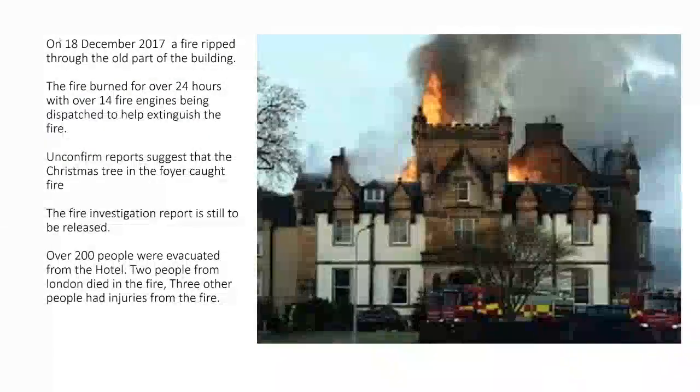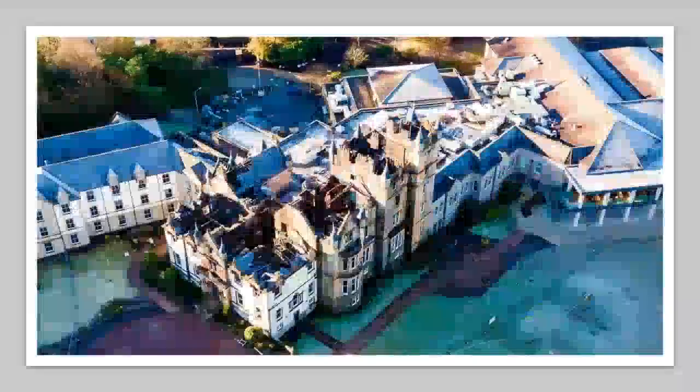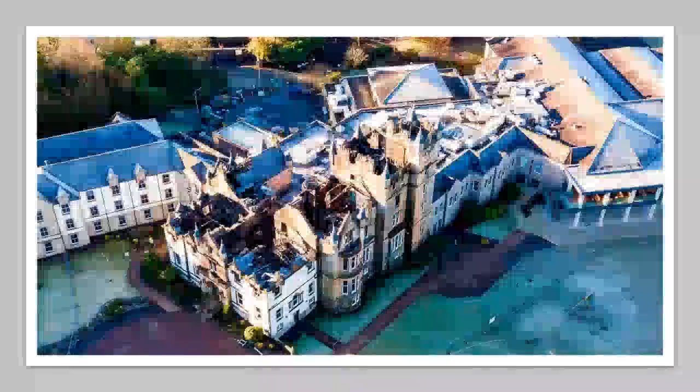The fire investigation report has been issued, and people have been prosecuted. Over 200 people were evacuated from the hotel, and 2 people from London died from the effects of fire. 3 other people had injuries from the fire.